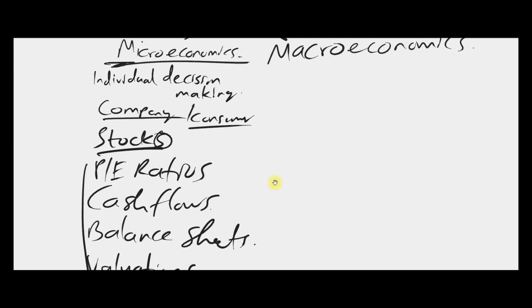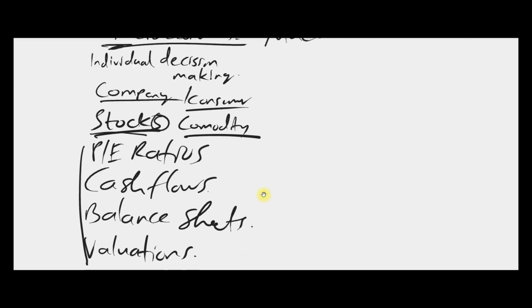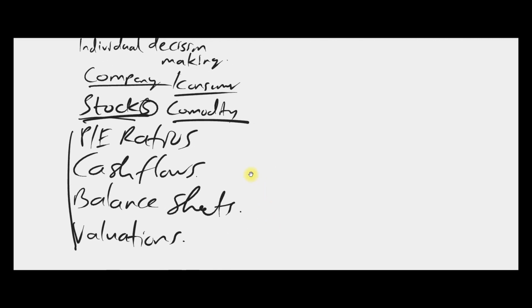It only affects stock prices and to some extent commodity prices, such as metals. This is where we talk about consumer trends, consumer preferences. Microeconomics does affect commodity prices, but to a very small extent.